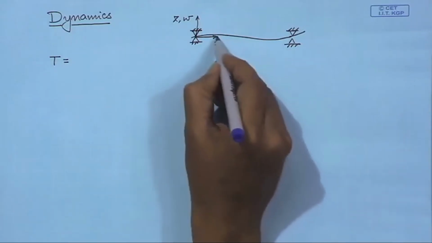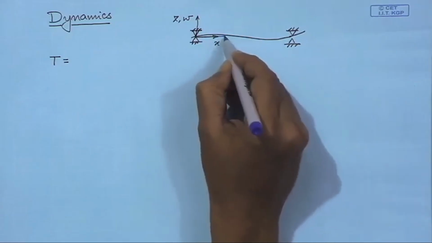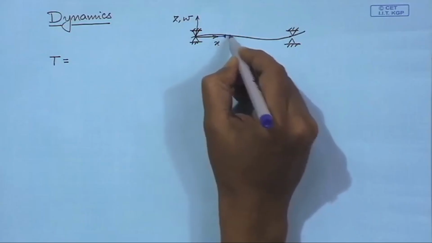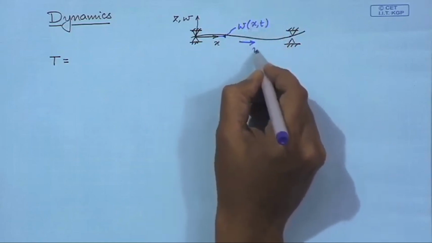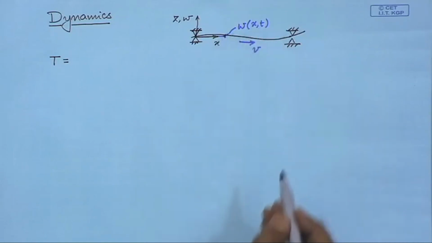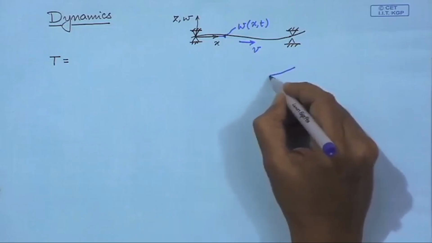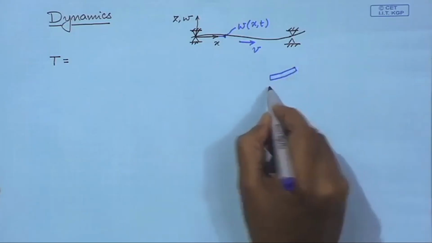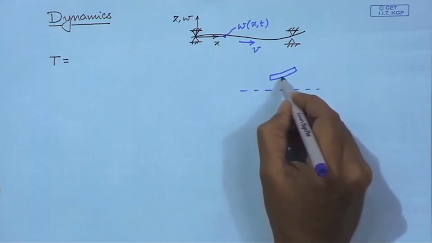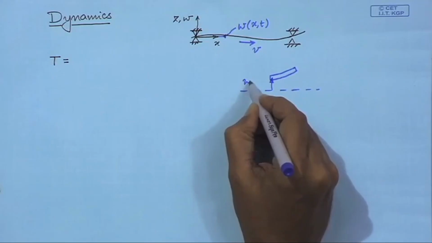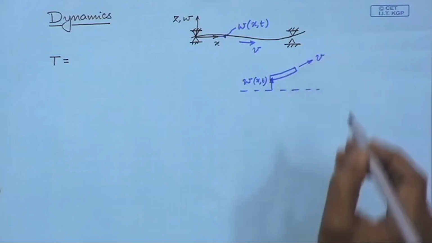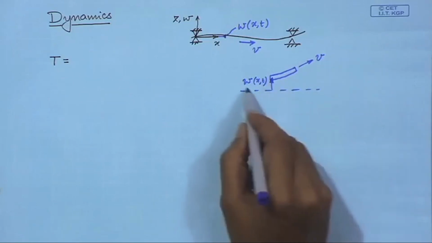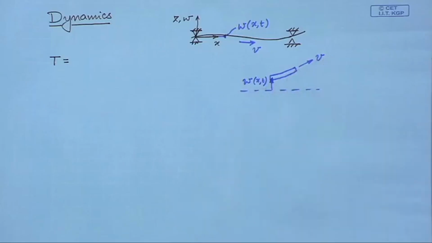So, let us write down therefore, the kinetic energy of the string. If you consider the transverse displacement of the string at any location x as w(x,t), then if I draw this little element at location x, this element has a displacement w(x,t) and it is moving at a speed v.